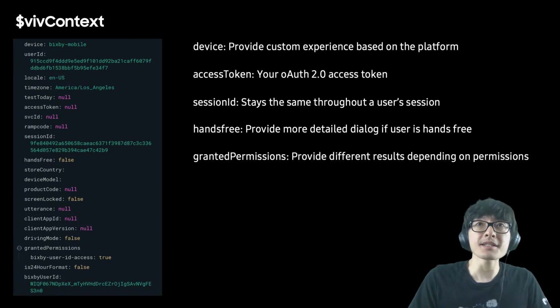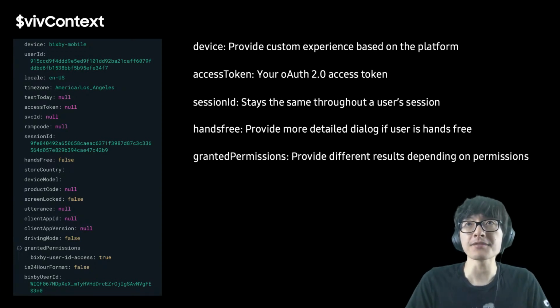And finally, this granted permissions one is actually often overlooked, and a lot of capsules don't account for what to do if certain permissions aren't granted. For example, if the user doesn't agree to provide their location to your capsule, what ends up happening is that your API calls without the location can actually end up breaking, and your capsule can end up breaking.